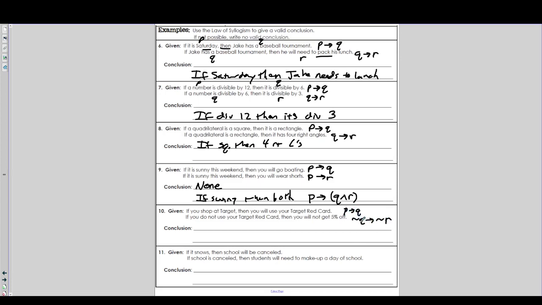We do that by writing it as its contrapositive. So instead of not Q, then not R, we write R, then Q. That is the contrapositive of this one.